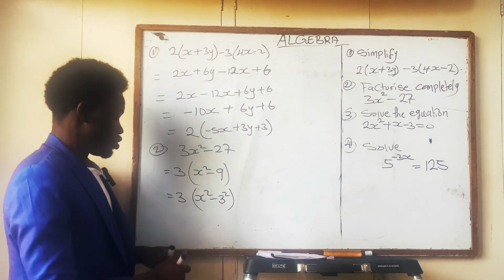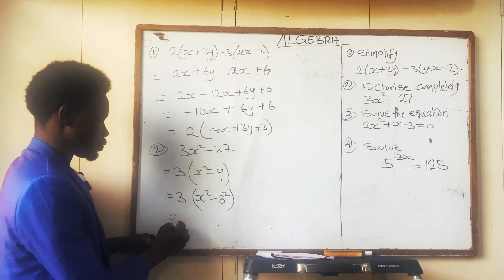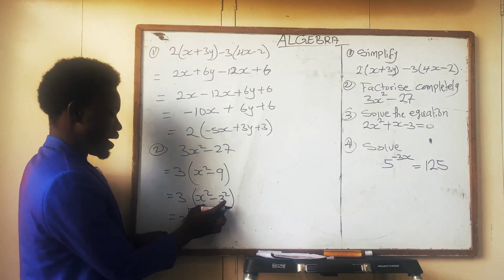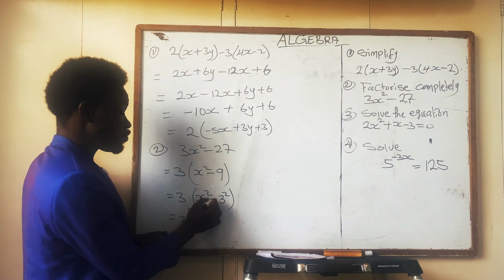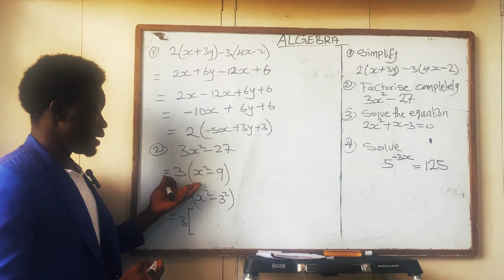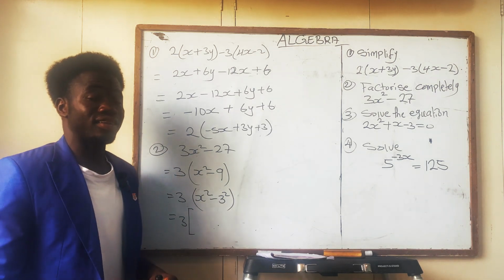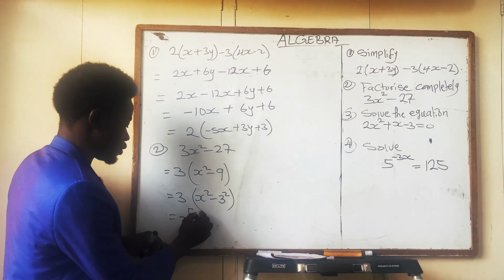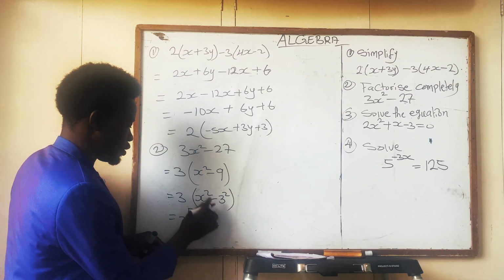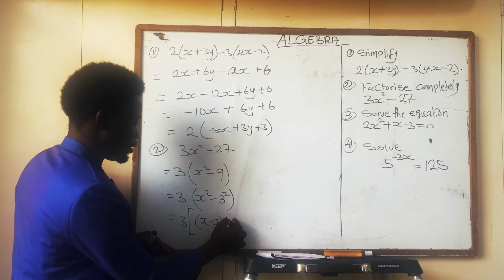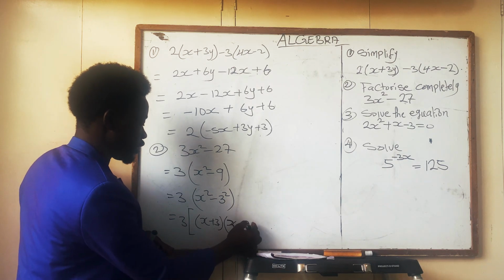So I can continue by breaking this down. If this one were positive here, we would not be suffering. We just leave it like here. But once it's negative, that's telling us that it is a difference of two squares. So I can have this, and I have the negative side also.